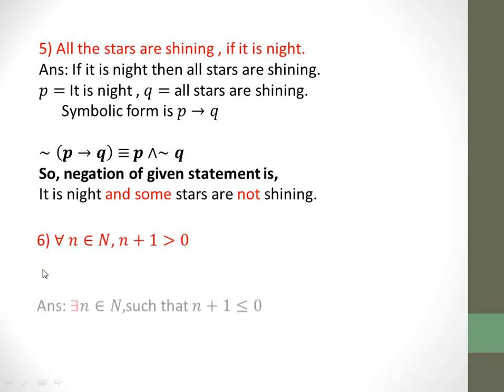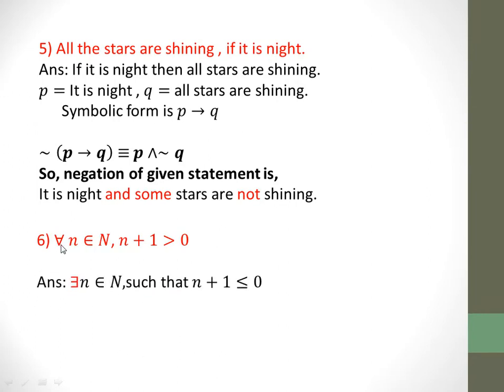So in the answer, for all becomes there exists. There exists n belongs to N such that n plus 1, now see, here it is greater than 0, meaning strictly greater than 0, so it becomes less than or equal to 0. Do not write only less than.